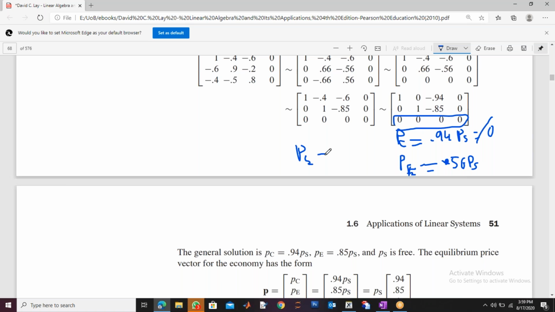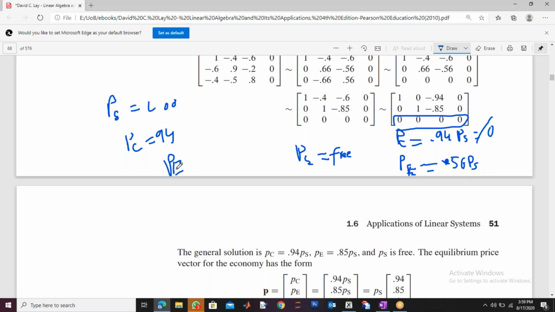So I did not get only the zero solution, I got infinitely many solutions. If PS is 1, then this becomes 0.94 and this becomes 0.56. If PS is 100, then this becomes 94 and 56, right? So for example, if I take PS equal to 100, then PC becomes 94 and PE becomes 56.